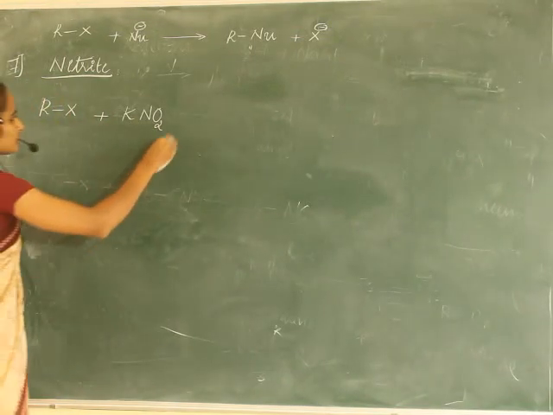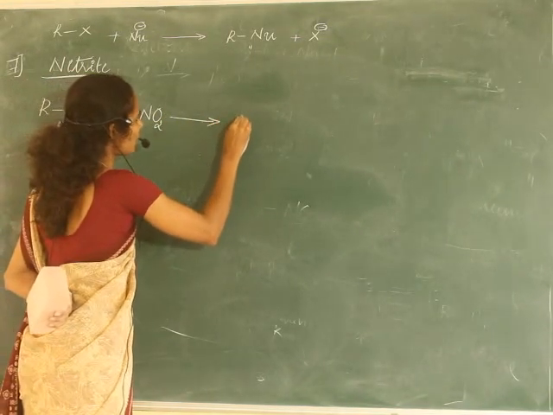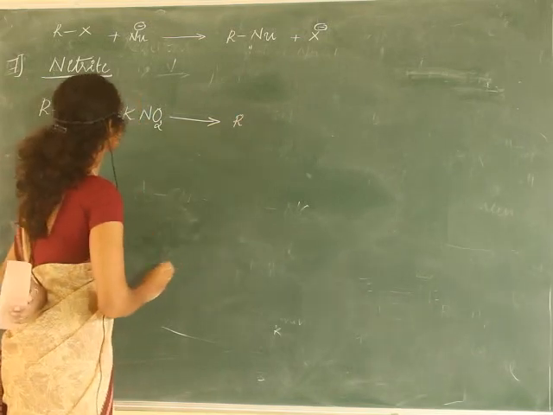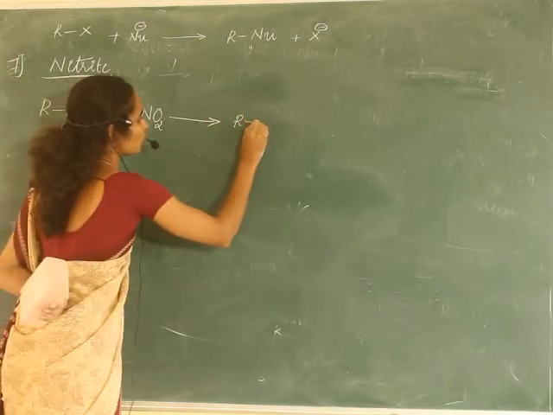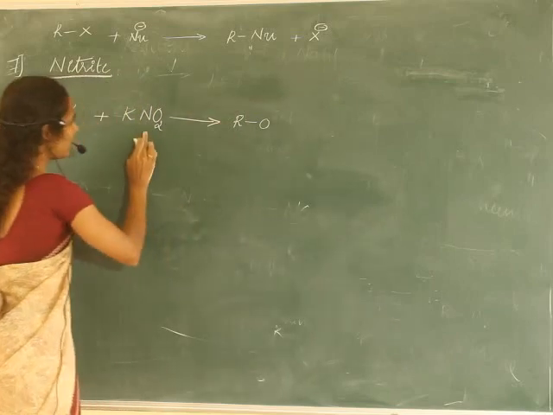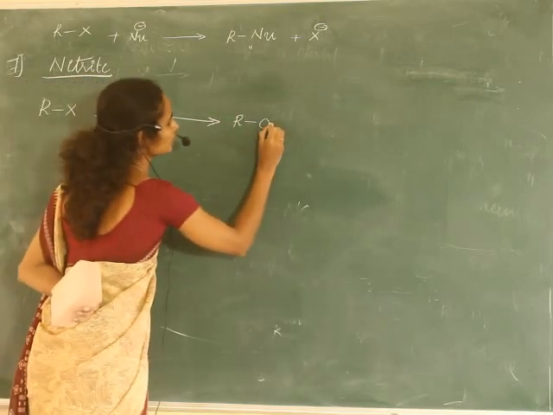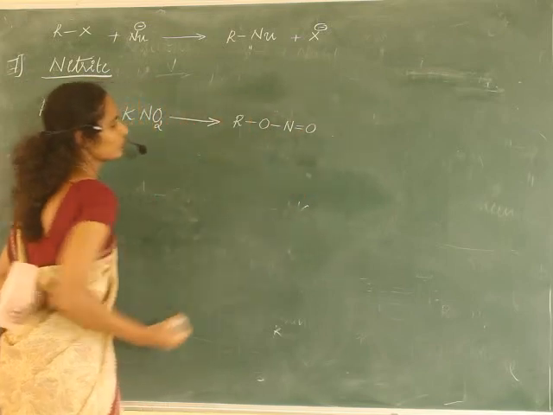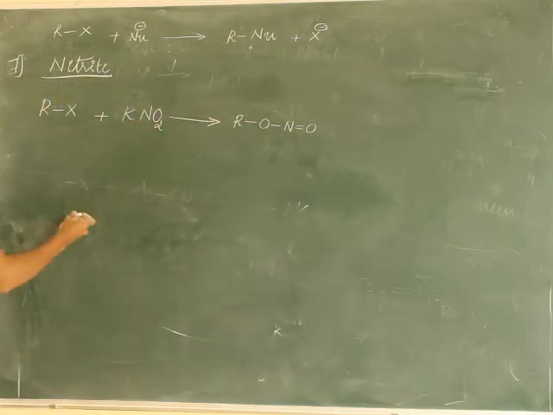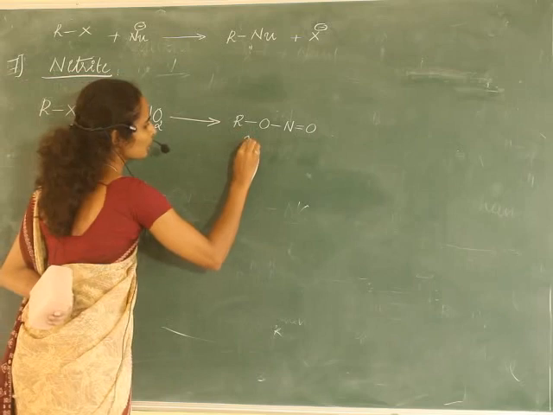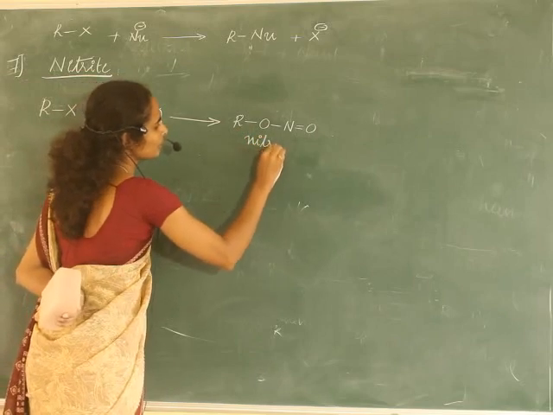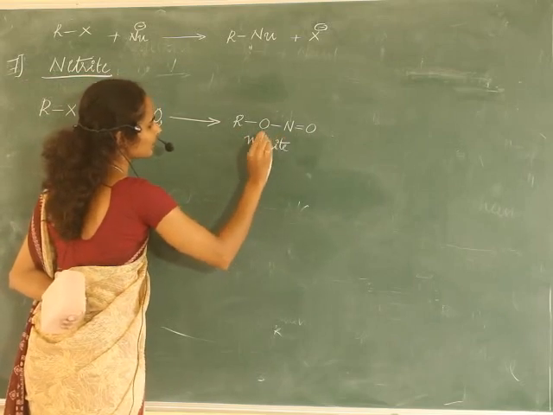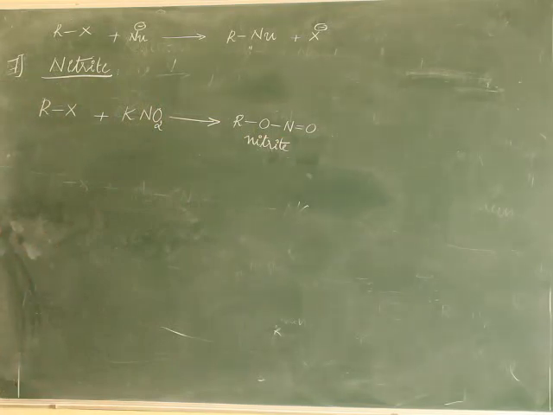Now we'll get R-O-N=O, that is single bond, double bond, O, right? That is formation of alkyl nitrite, not nitrile, nitrite takes place.